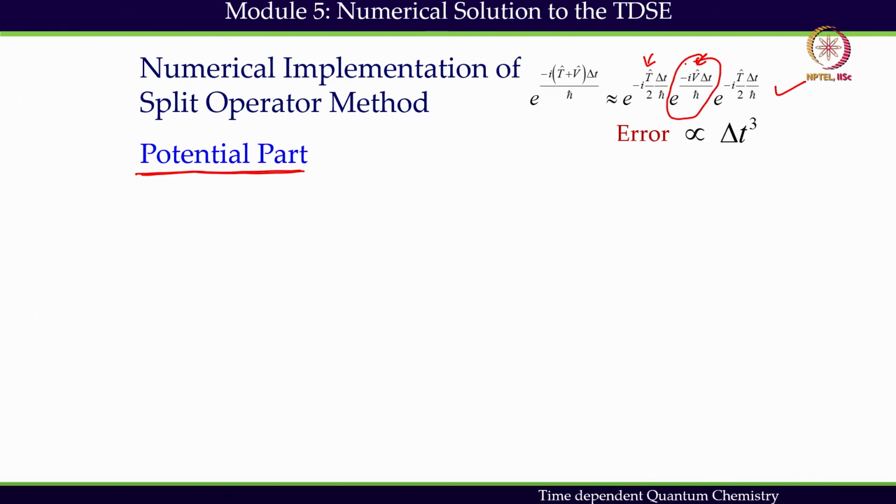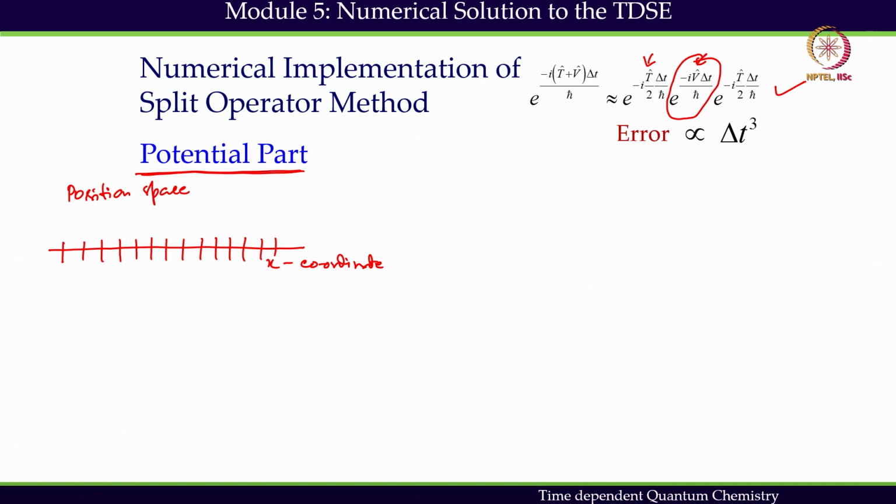What is position space? Position space is the x coordinate, and in the x coordinate we have made this grid. So this is called position space.